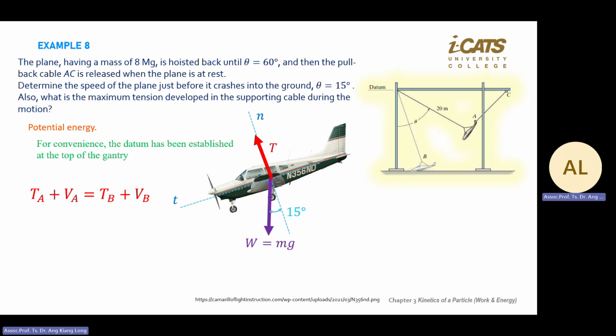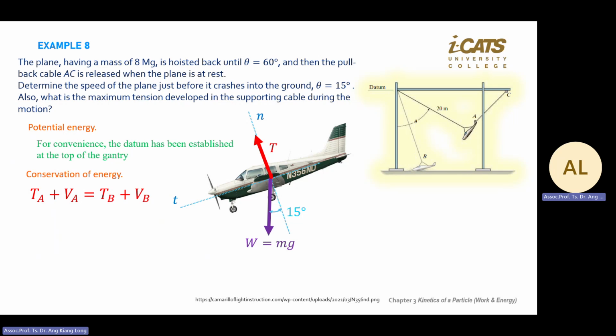Then we use conservation of energy to solve this question. So conservation of energy: energy before equals energy after. So here basically, kinetic plus potential before equals kinetic plus potential after. I put A and B because of the location of A and B. What is the equation for kinetic?